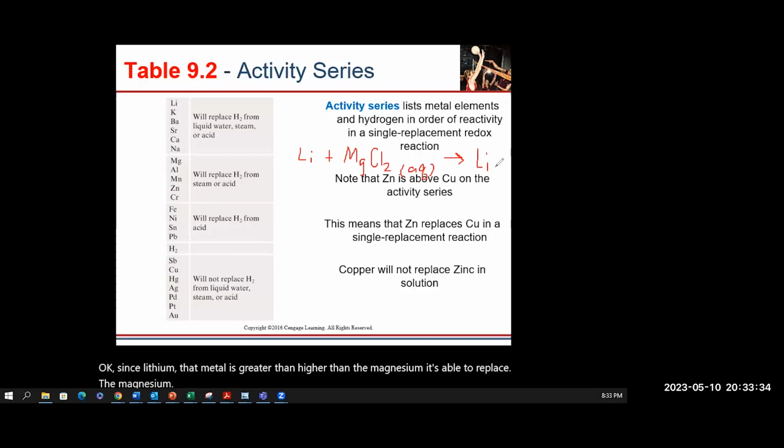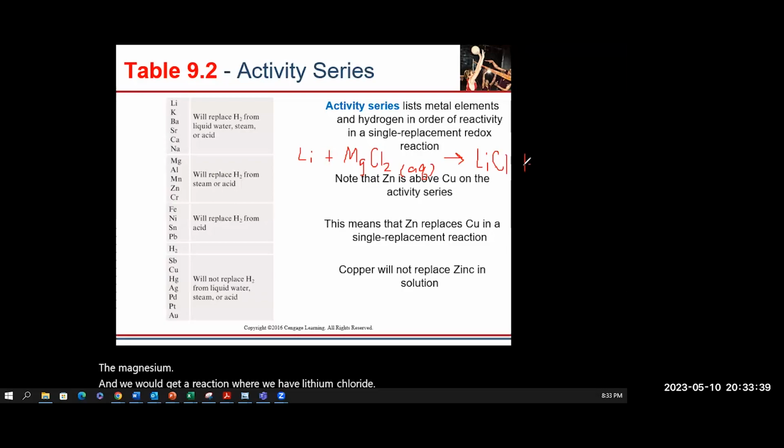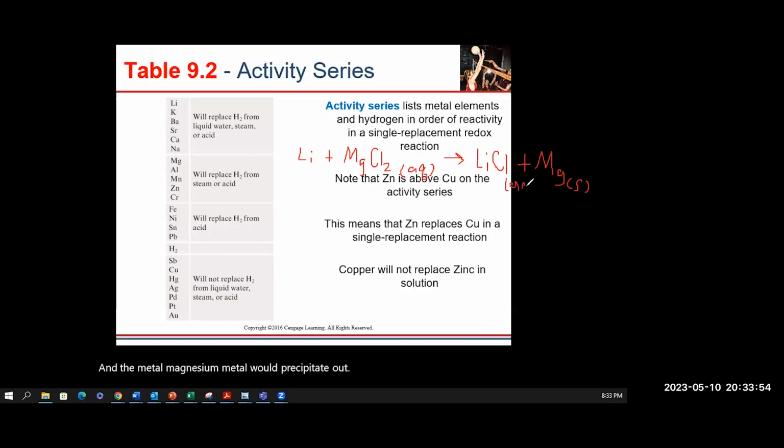We would get a reaction where we have lithium chloride and the magnesium metal would precipitate out. Balance it out. Okay, so we would get a reaction.